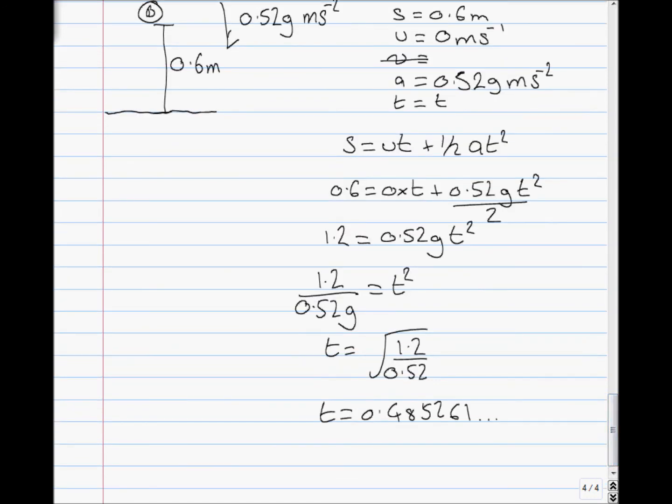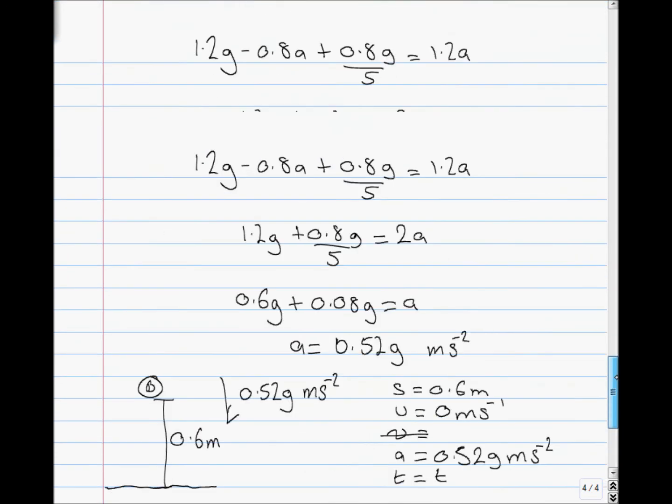And we know that we have to simplify this, so t, which is time taken, is 0.485 seconds to 3 significant figures.